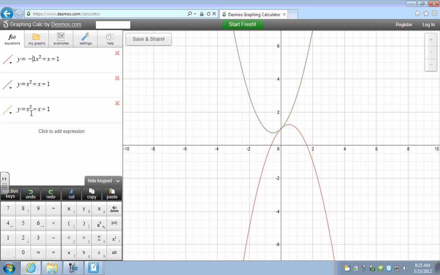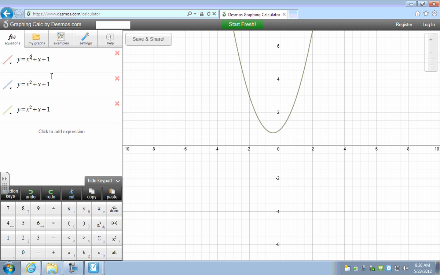What if we put -7? You can see that it now becomes more narrow. So the value of a seems to affect how wide or narrow it is and whether it's concave up or concave down. So that's the value of a.